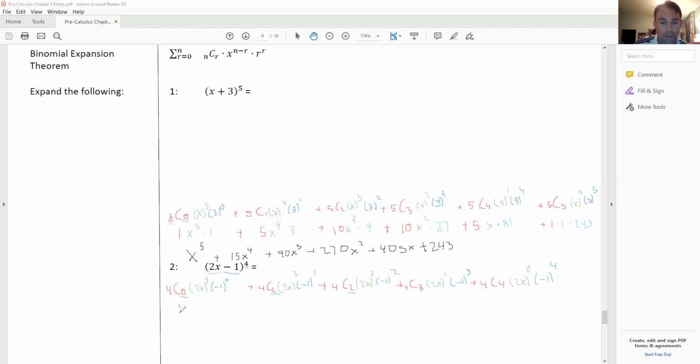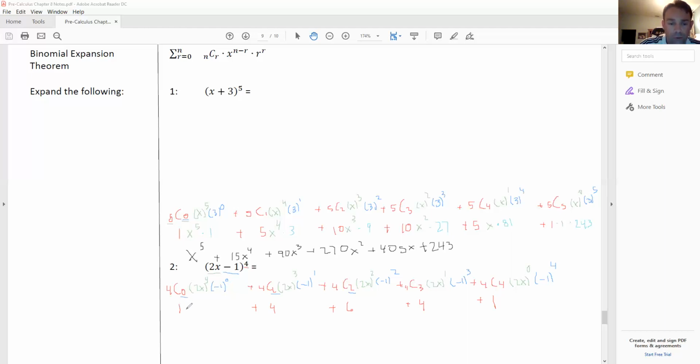So we have 1 plus 4 plus 6 plus 4 plus 1. So there's the red values, the green values.